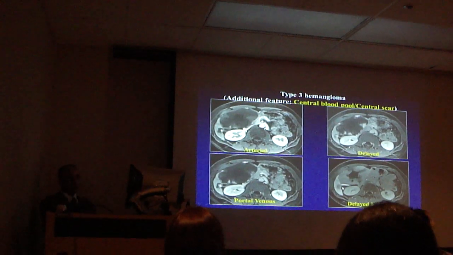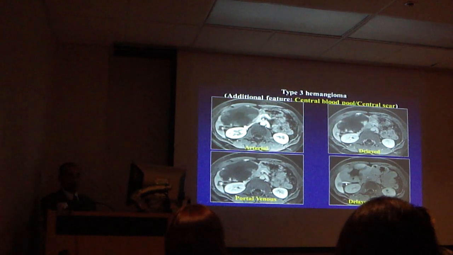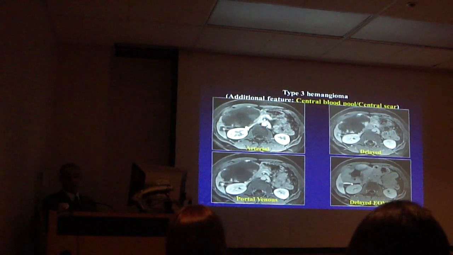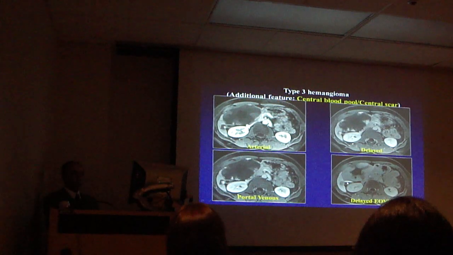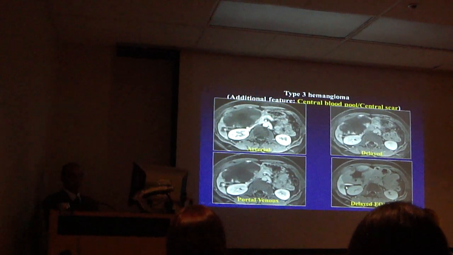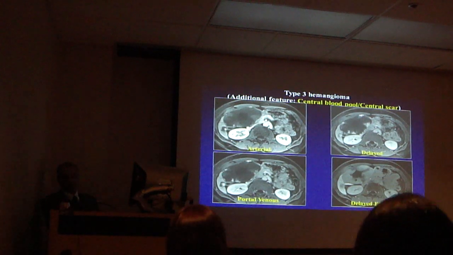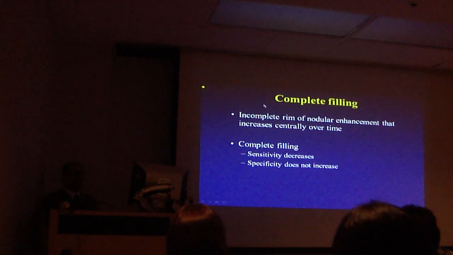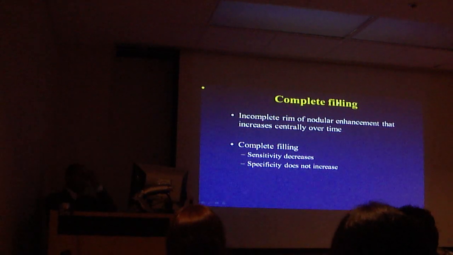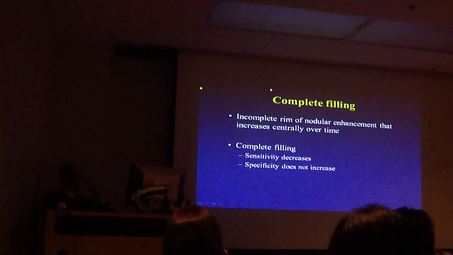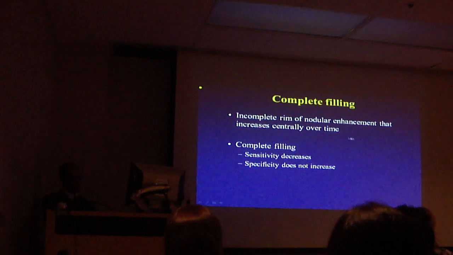And look at the bile layering up with Eovist. Eovist is lighter, so Eovist forms a fluid level within the gallbladder with the bile. Everybody with me? Any questions? Excellent. Complete filling: you cannot rely on complete filling, because of the incomplete rim of nodular enhancement that increases centrally over time.